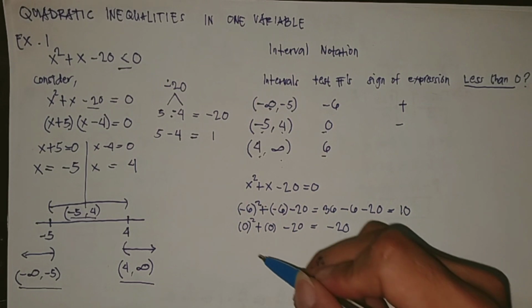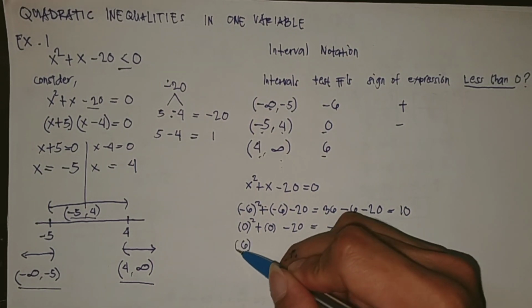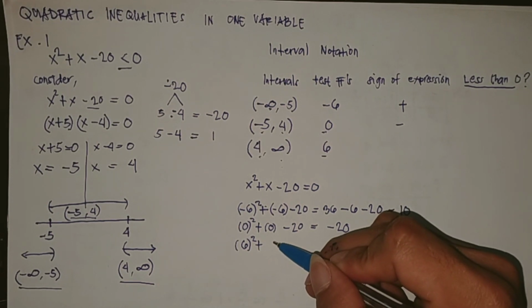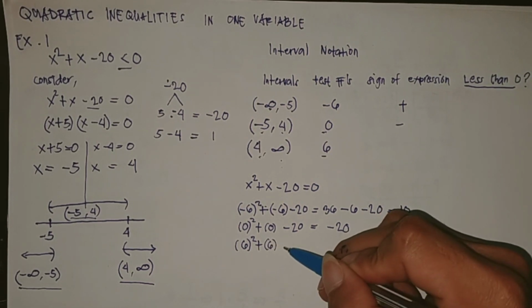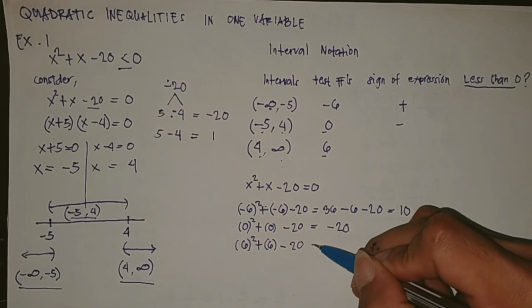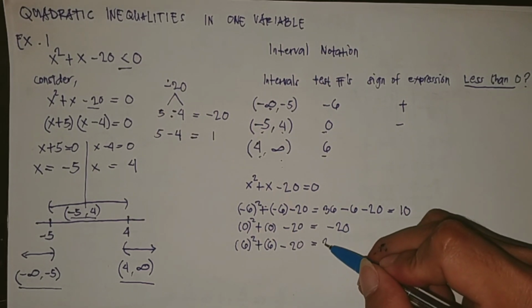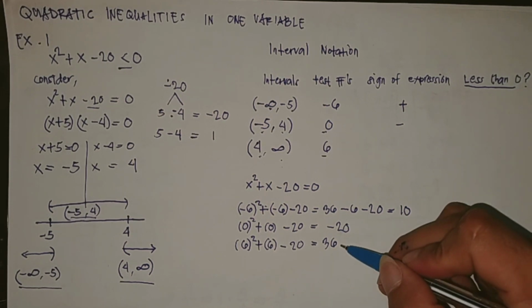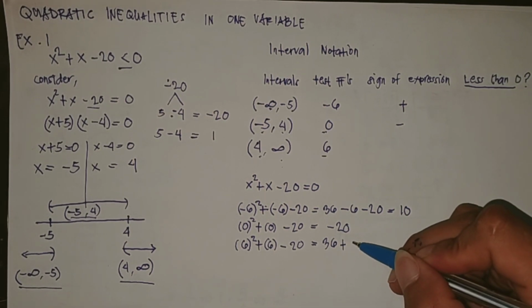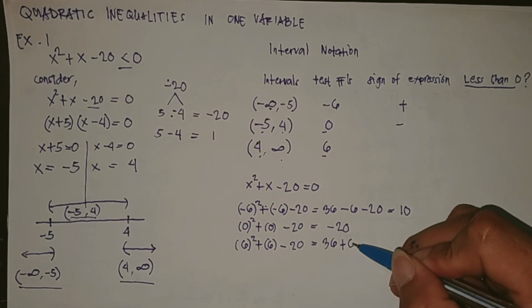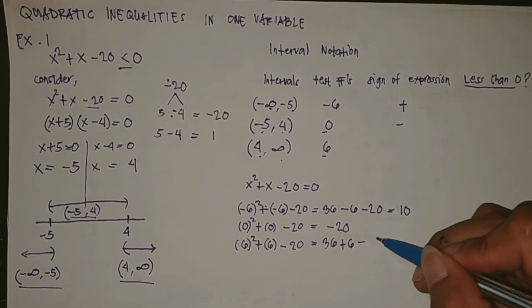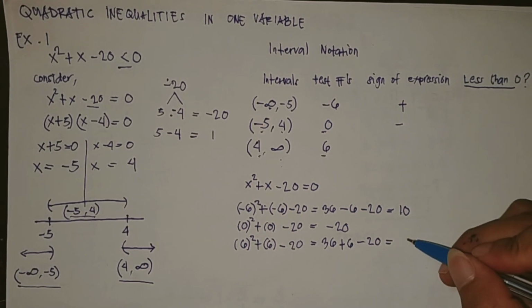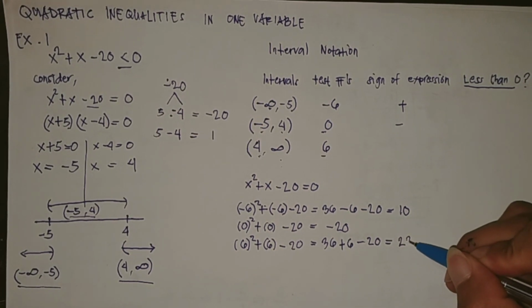And let's substitute the positive 6. So we have 6 raised to the power of 2 plus 6 minus 20, equal to positive 36 plus 6 minus 20. So we have positive 22.